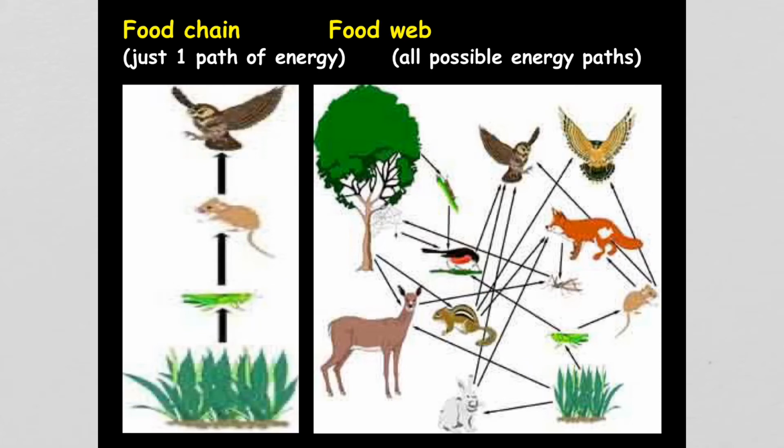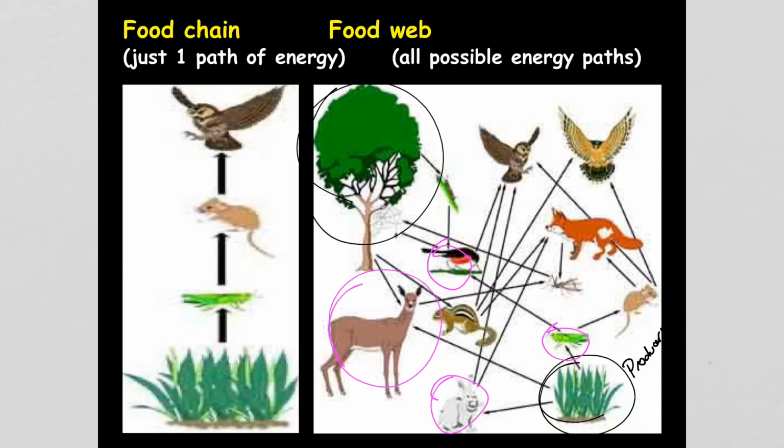And then, so if you're looking for your trophic levels here and here, those are your producers. And then I'll use a different color for, let's see, the primary consumers. Here, here, here. Is that it?